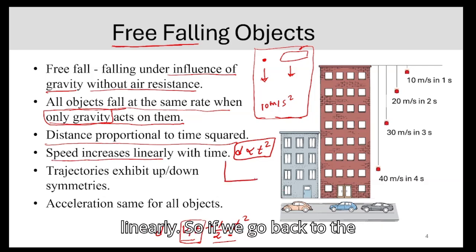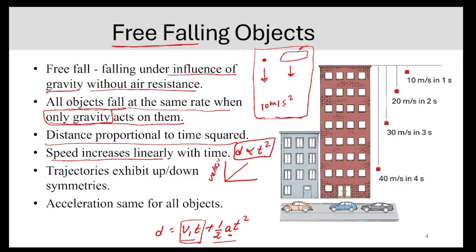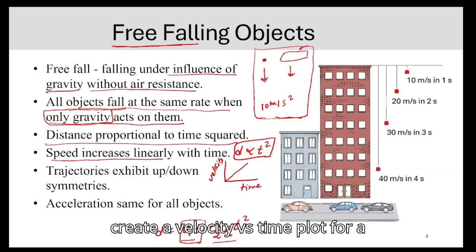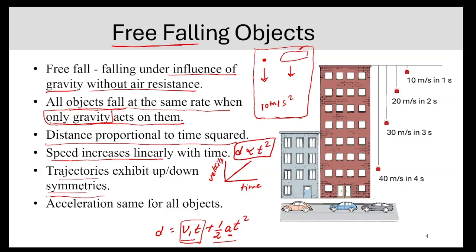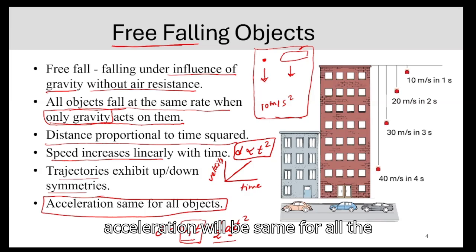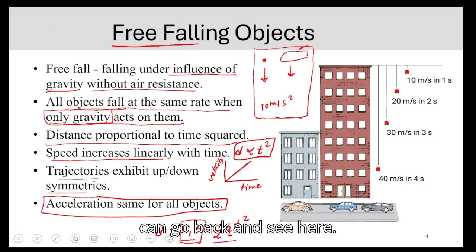If we go back to our previous section and create a velocity versus time plot for a freely falling object, then our velocity will be a linear line, and upward and downward trajectories will be symmetric. And again, the key point is the acceleration will be the same for all the objects. Here we can go back and see.